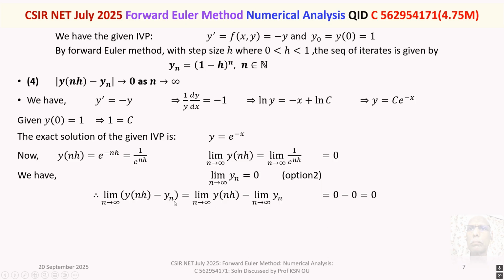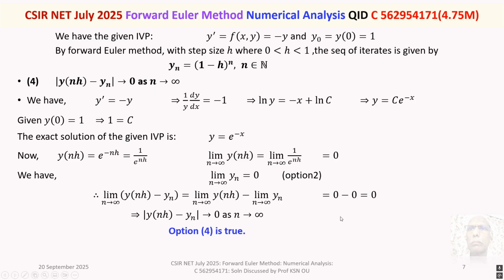So y of nh minus yn tends to 0 as n tends to infinity. Therefore, modulus of that also tends to 0 as n tends to infinity. Therefore, option 4 is true.